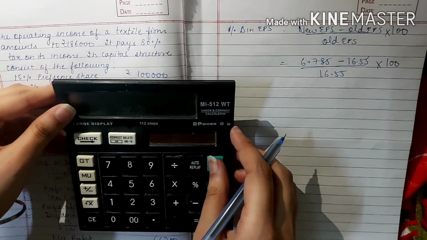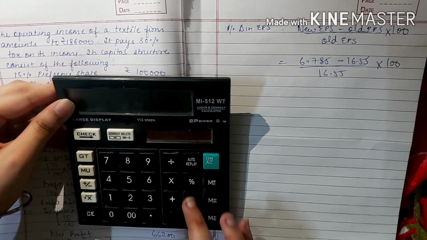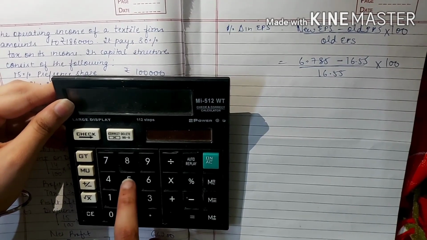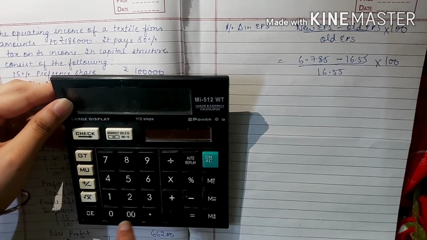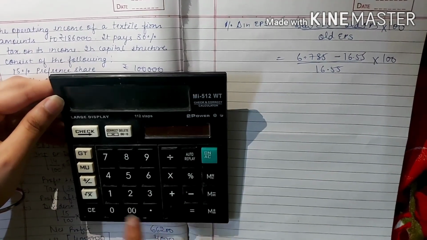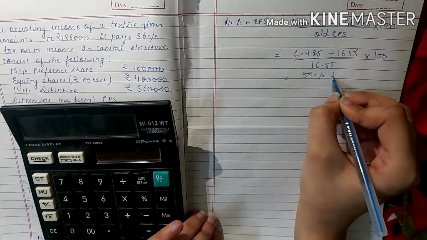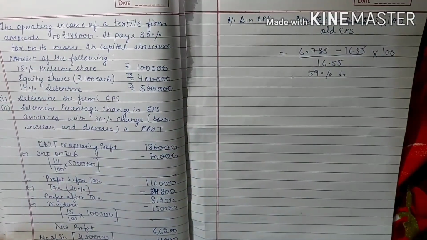Solving it, 6.785 minus 16.55 divided by 16.55 into 100, and it is 59% decrease in EPS in the second part.